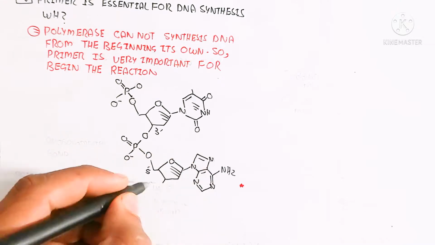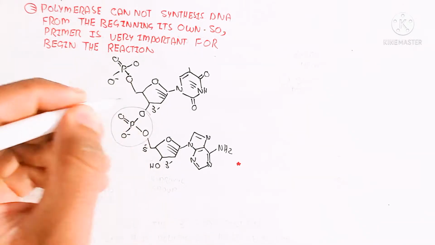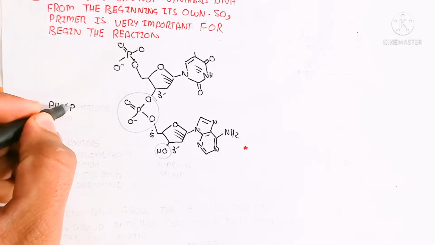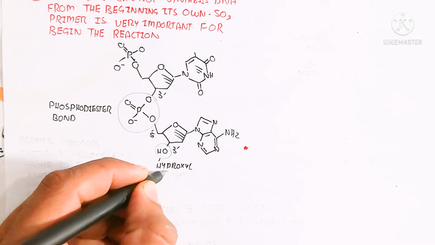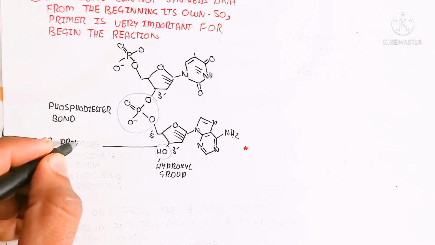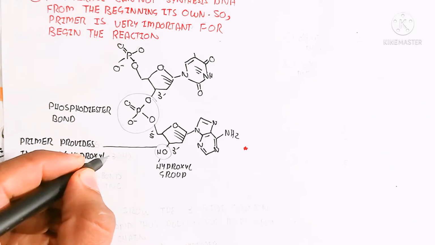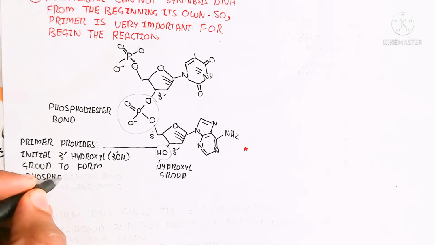This is the phosphodiester bond and this is a hydroxyl group. And here is the nitrogenous base and deoxyribose sugar. Here the primer provides the initial 3 prime hydroxyl group. Suppose this is the primer; the group forms a phosphodiester bond with the incoming deoxynucleotide triphosphate.